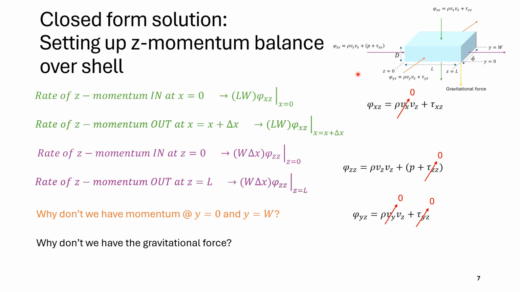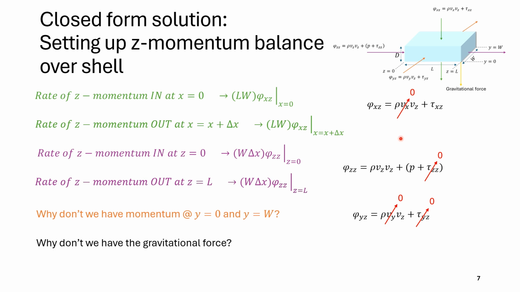And we also have momentum in the z direction which enters the shell at z equals 0 and leaves at z equals L, and the rates are also represented here in purple.